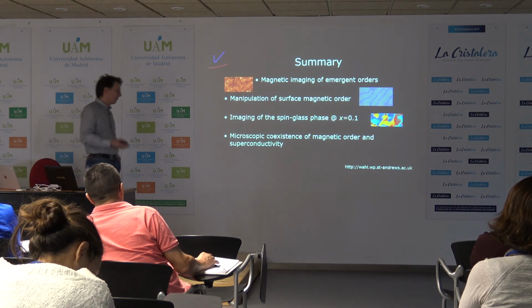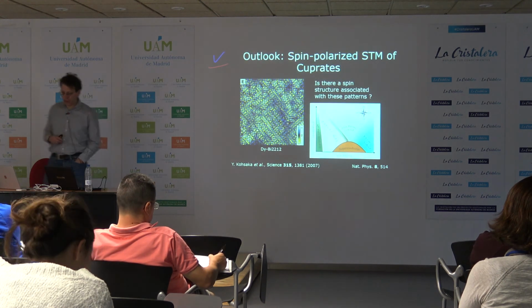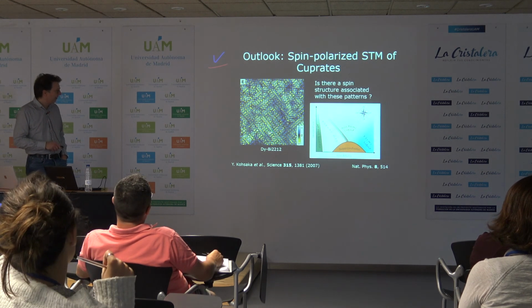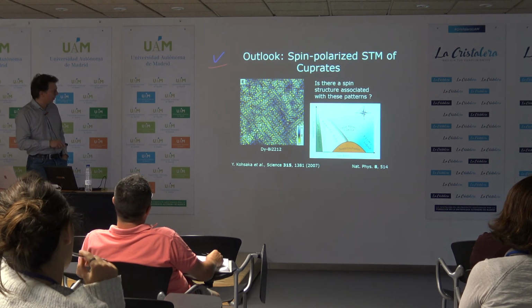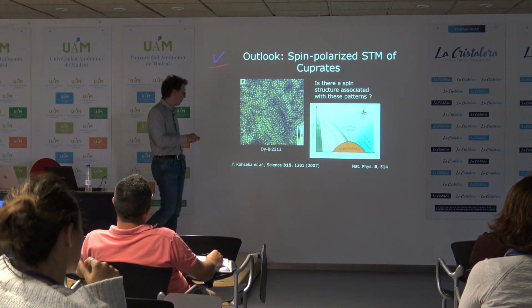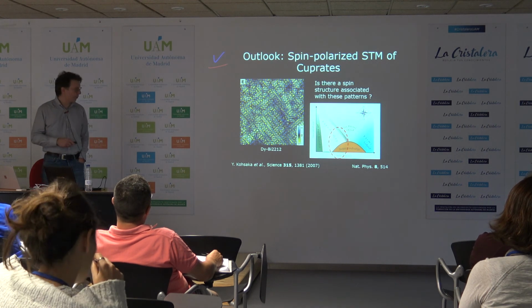And well, if you think about what are interesting opportunities in using spin-polarized STM to study these materials, I mentioned initially already, it would be really great to image whether there is magnetic order in these kind of structures, basically using a spin-polarized tip.